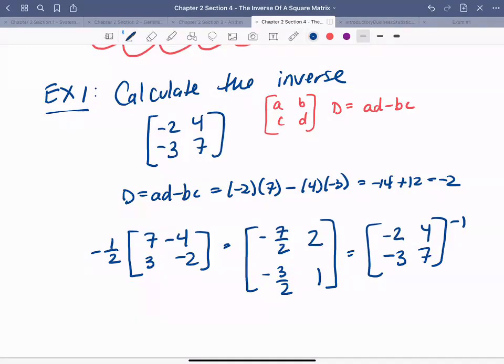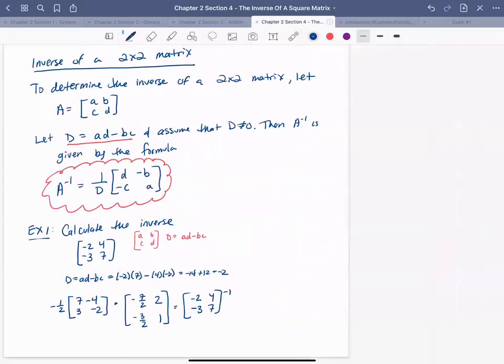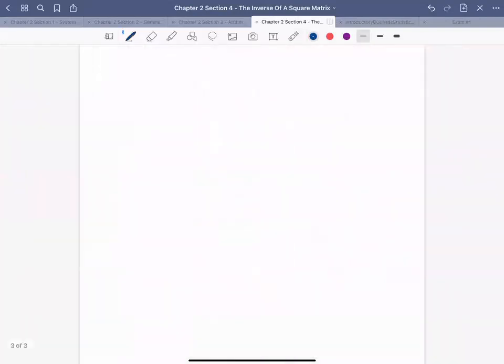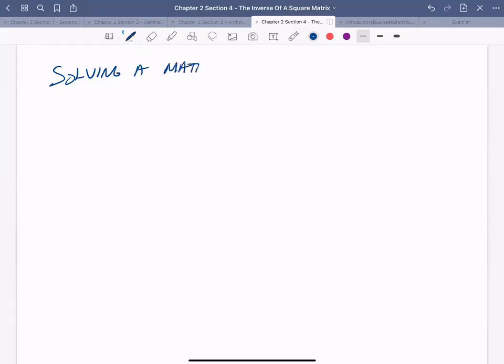All right, now the reason why I showed you how to do a matrix equation is because you're going to have to be able to solve a matrix equation. So solving a matrix equation.